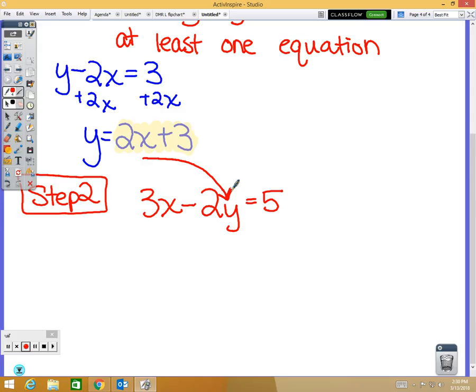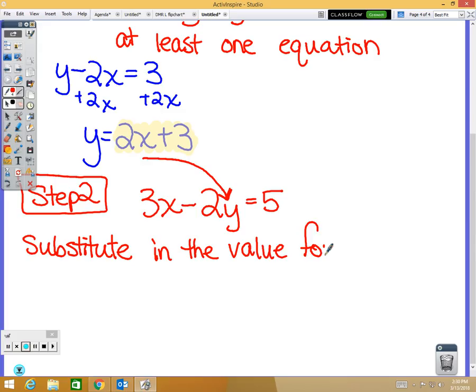Okay? So again, that step was substitute in the value for y, then solve for x. I'll let people write that down before I do anything else.